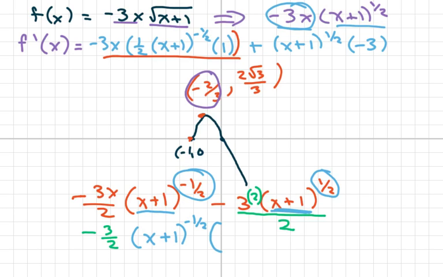Then I'm going to multiply this by my x. I already pulled out the 3, so I pulled out the 3 here, and I already pulled out the 3 over 2. So now all I have is the 2. So that's going to be plus now, because I factored out a negative, 2 times x plus 1.